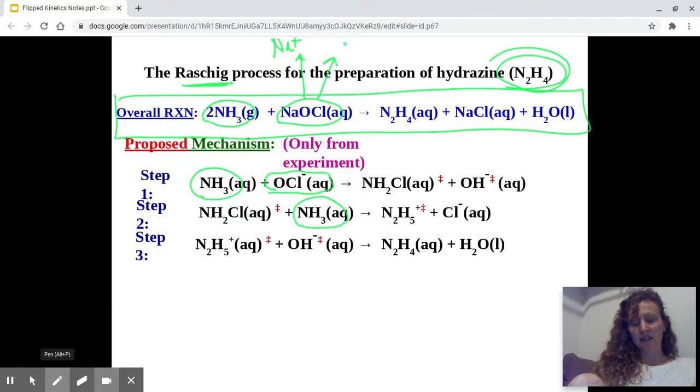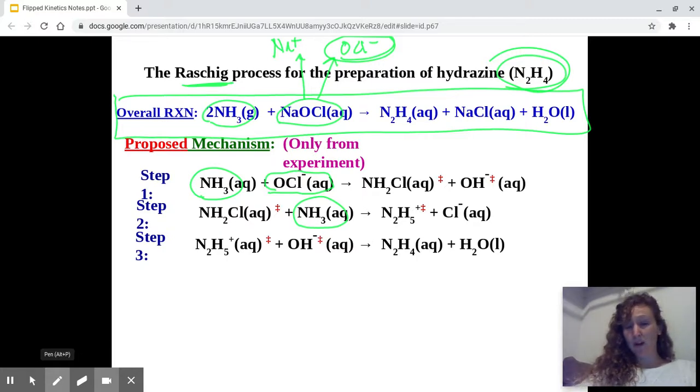Na plus will exist and OCl minus will exist. That's why you don't see NaOCl listed down below. You do see the OCl minus listed down below. And notice that they completely ignore sodium. Sodium doesn't appear anywhere in these 3 steps.